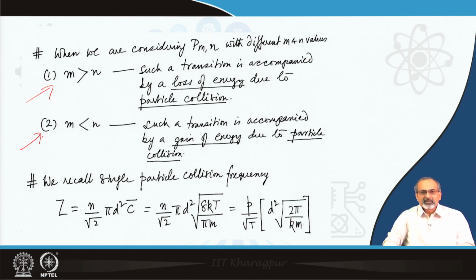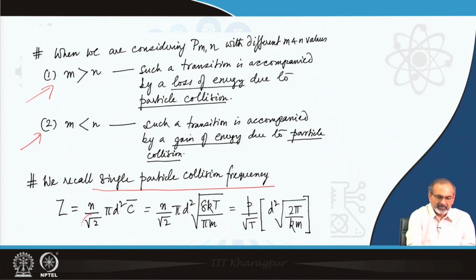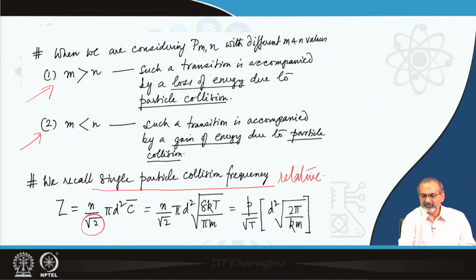Now, we recall some results from what we learned in the kinetic theory of gases. I hope you recall the single particle collision frequency, and this under root 2 also makes you recall that we are considering relative velocity in this situation.